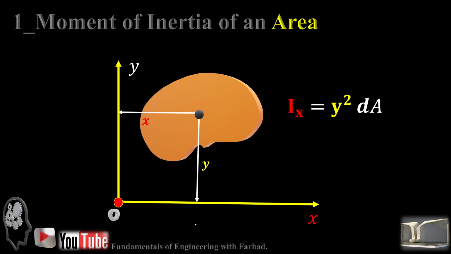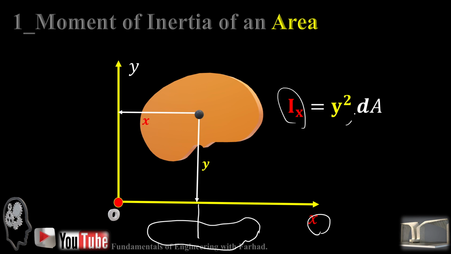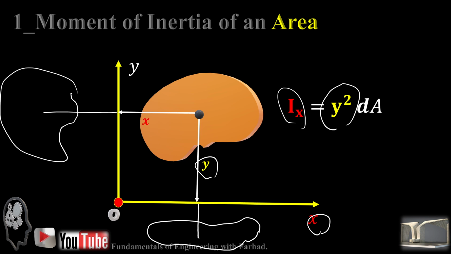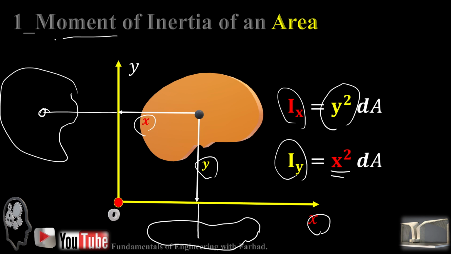It just says if you keep rotating your sample about the x-axis, you have to go with this distance. And if you want to keep your shape in rotation about the y-axis, you have to go by the x distance. Then I sub y is equal to the integral of x squared dA. That's the mathematics of moment of inertia of an area.